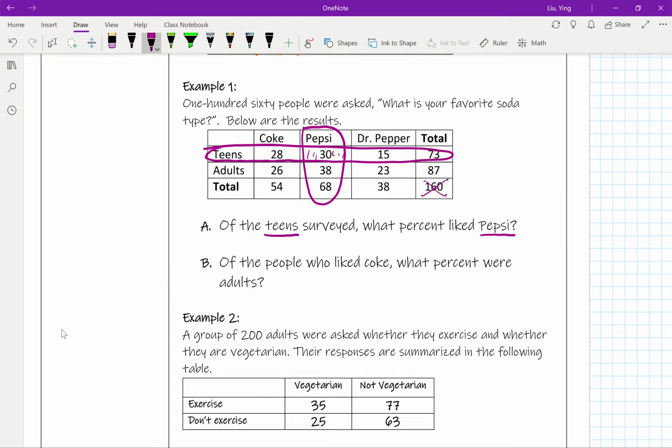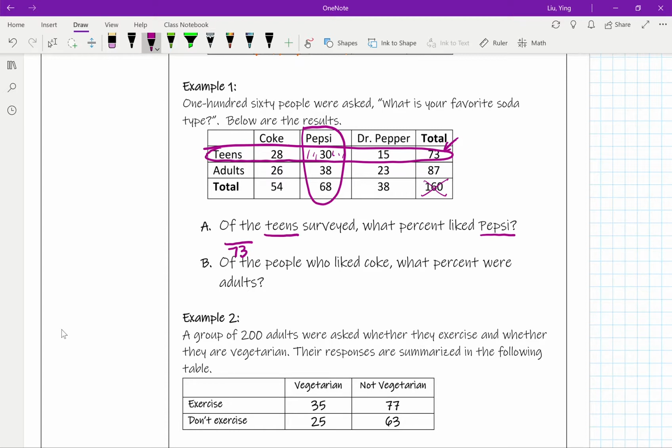I'm only focusing on all the teens surveyed. So now we need to ask, how many teens are surveyed? Well, the total of teens surveyed is only 73. So that means when we set up the fraction, we don't divide it by 160. We're dividing by 73. Okay?